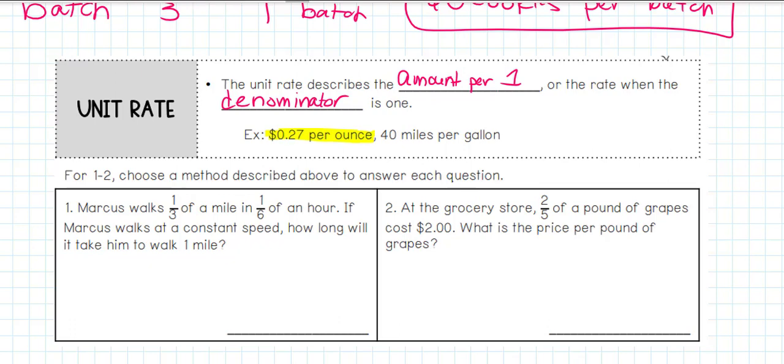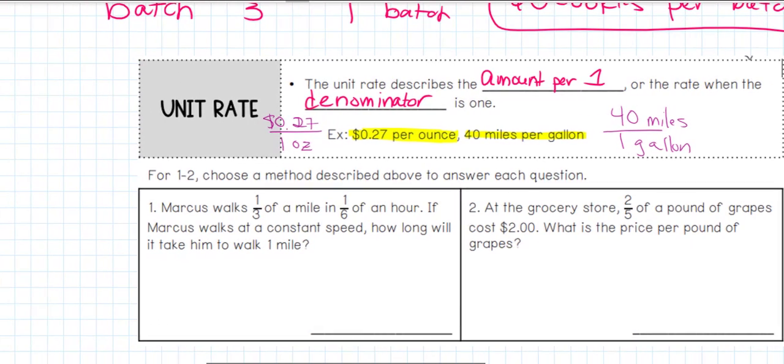I would write that as a unit rate with the 27 cents in the numerator and 1 ounce in the denominator. Or if I'm given 40 miles per gallon, I'm going to write that as a unit rate. That's shown as 1 gallon, and it's 40 miles in the numerator.